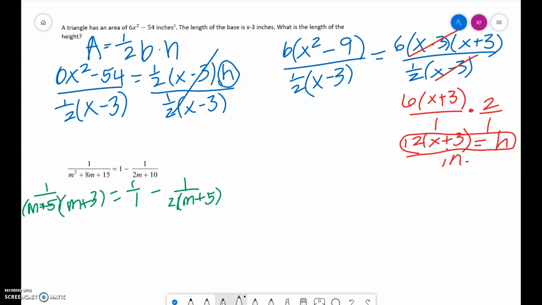So in order to make them all the same, they need to have 3 parts. Part 1 would be the 2, part 2 would be m plus 5, and part 3 would be m plus 3.